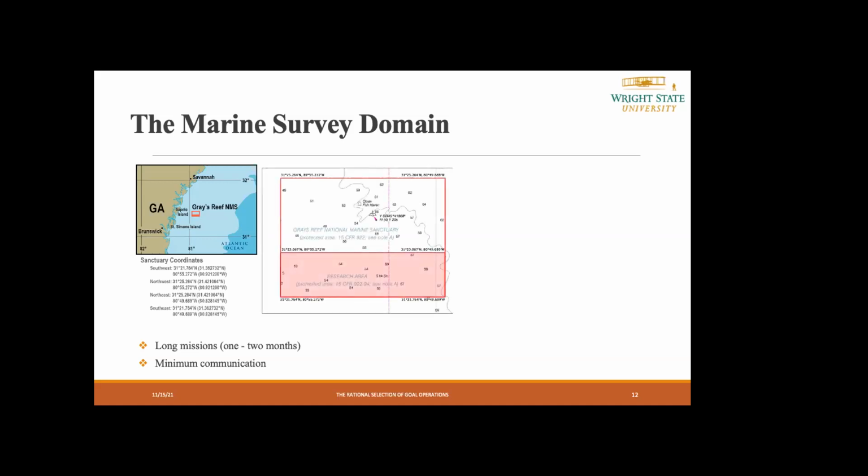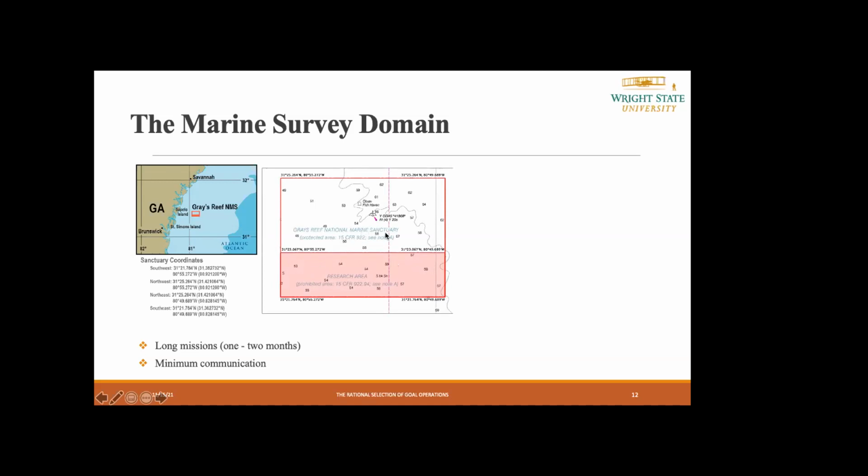So these are the actual coordinates of Grace Reef National Marine Sanctuary area, and the orange area is research only area, and the rest of the area is accessible by public as well.